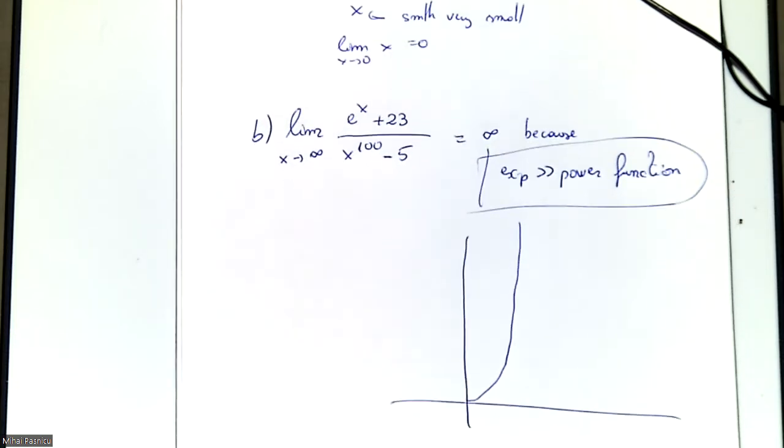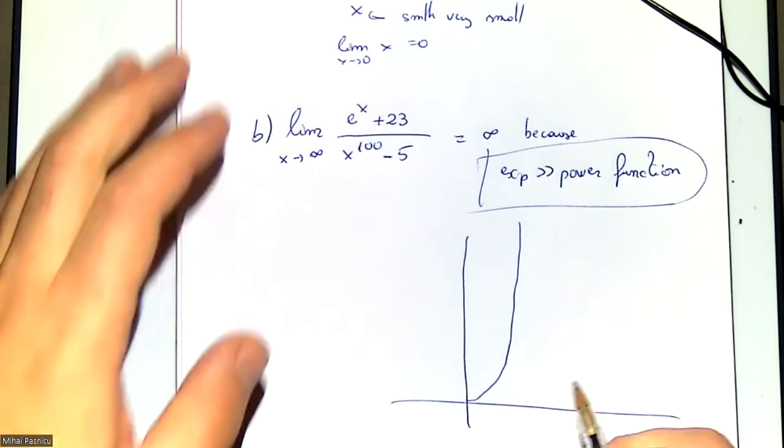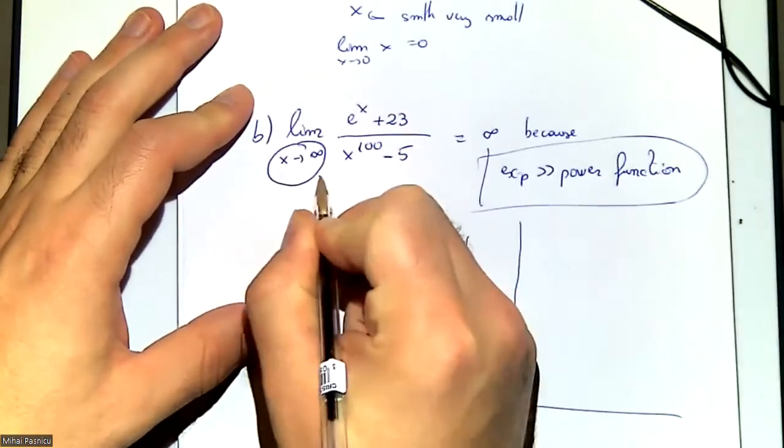Further down the road, we're going to prove it formally. But right now I can't use L'Hopital, so I can't actually prove it. Again, exponential beats power function. One key to this is that it's true when x goes to infinity.